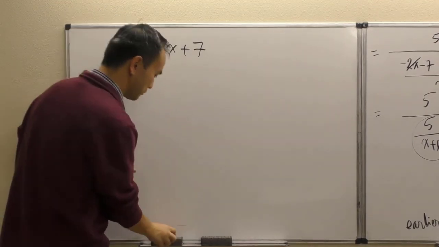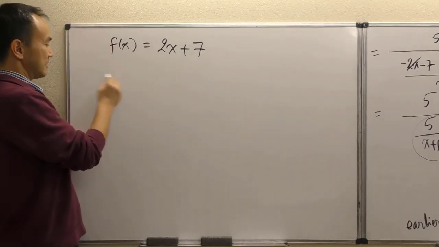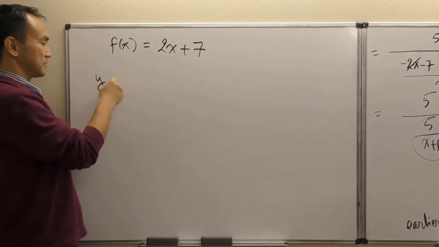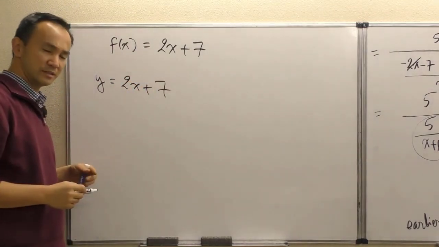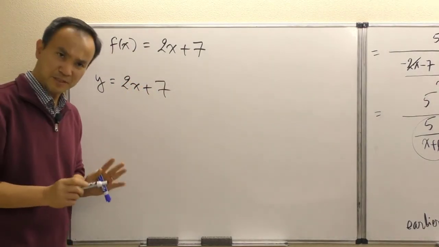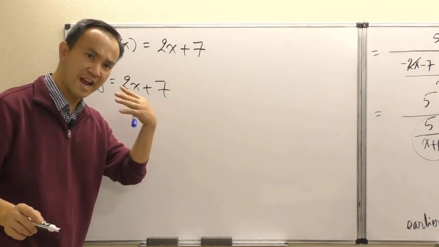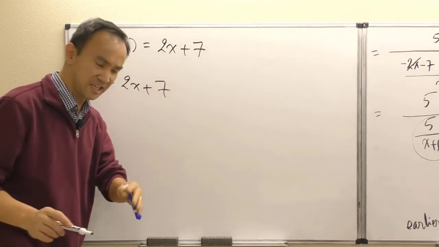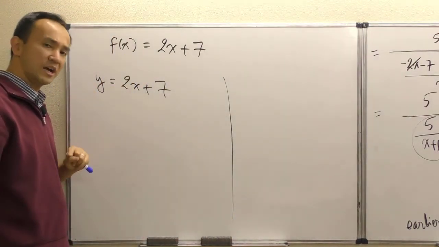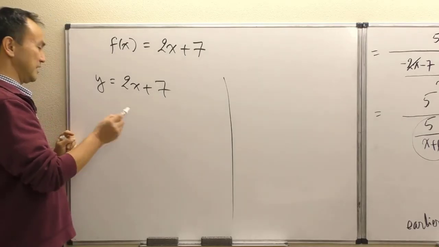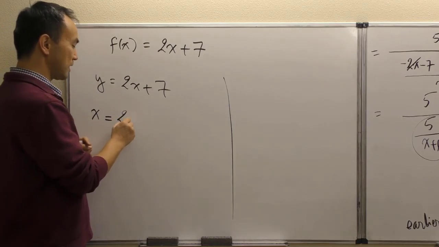Allow me to actually show the process a little bit. The process said, first we wrote that as y equals 2x plus 7. Nothing unusual. I purposely want to point out that a lot of times we make errors, even though we already had the valid, solid technique. We replace the symbol here with a y variable, and then we interchange, so x becomes y and y becomes x, so x equals 2y plus 7.